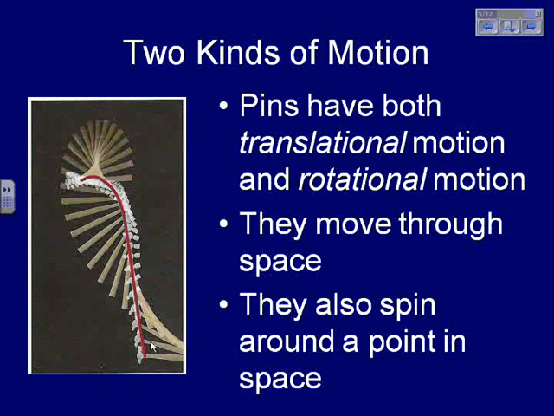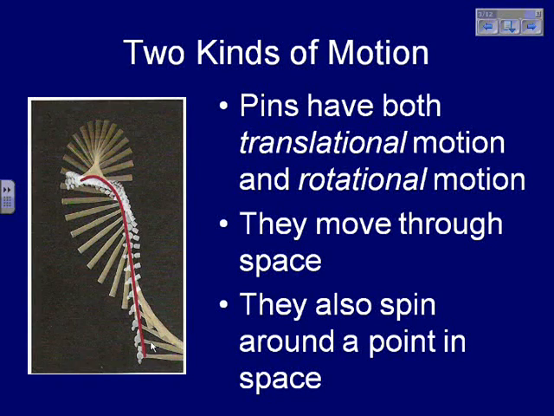Sure. If we go back to an example that we sort of used when we introduced this stuff, the Earth moving in its orbit around the sun, that's translational motion. It's moving through space. Does that make sense? But the Earth spinning on its axis to create day and night, that's rotational motion.